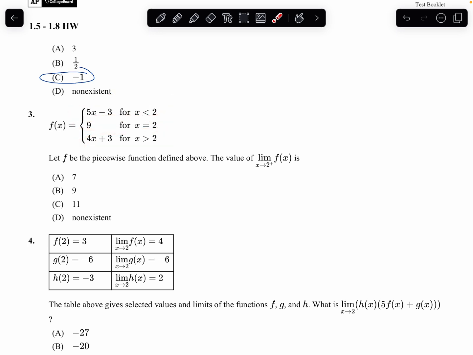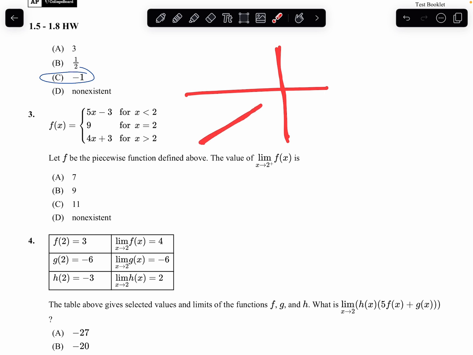So from the left side we have a linear function. It has a y-intercept of -3. So it's got a slope of 5, so it's probably going to look something like that right there. But we're only drawing it to less than 2. So it'd probably look more like this right here, maybe something like that.